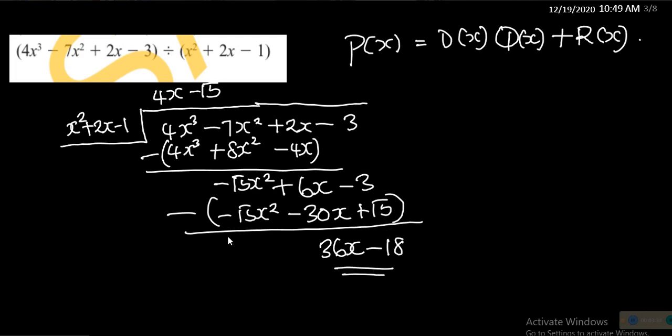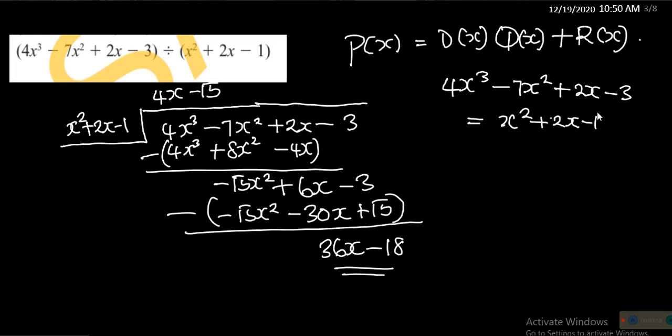Okay, so look at this product. If you express this in the form p of x equals d of x times q of x plus r of x, you have 4x cubed minus 7x squared plus 2x minus 3, and the divisor is x squared plus 2x minus 1, while the quotient is 4x minus 15, and the remainder is 36x minus 18.